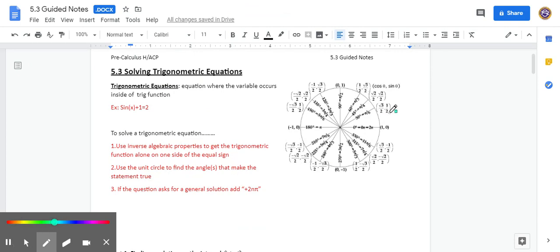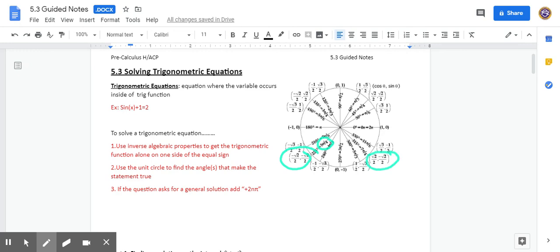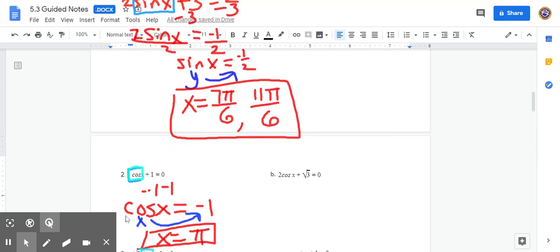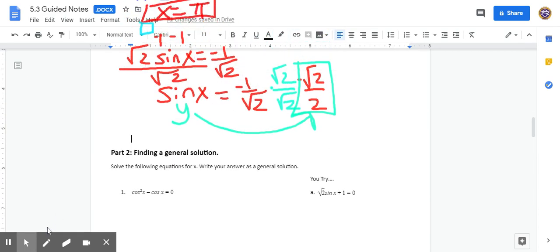We are looking for a y value that is negative square root of 2 over 2. So here's one. There is my angle measure, and here's the other one. There's my angle measure. So we have 5 pi over 4 and 7 pi over 4. And those would be my two answers. So x equals 5 pi over 4 and 7 pi over 4.